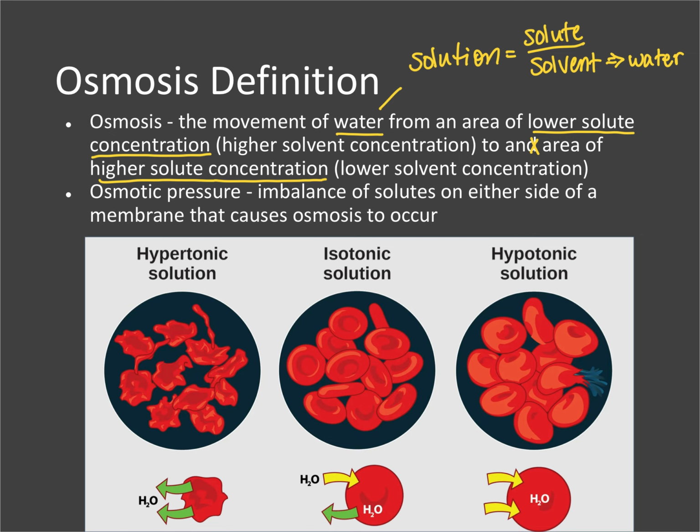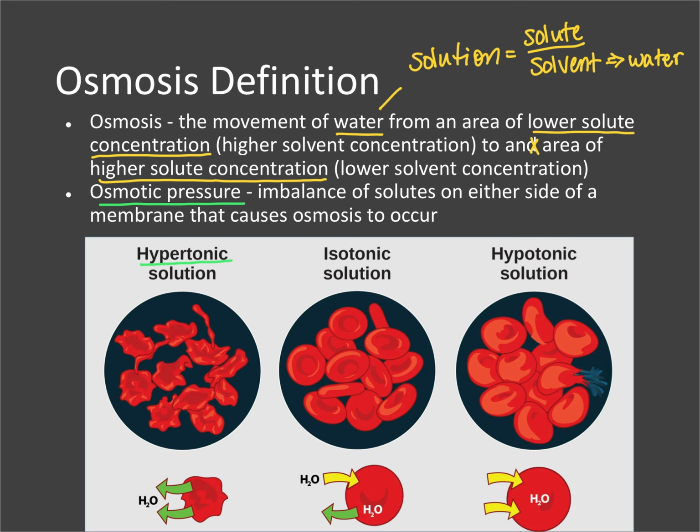Now, anytime there is an imbalance of solutes on either side of a membrane, osmosis could occur. And this imbalance of solutes causes something called osmotic pressure. So you can see in this hypertonic solution, there is osmotic pressure.